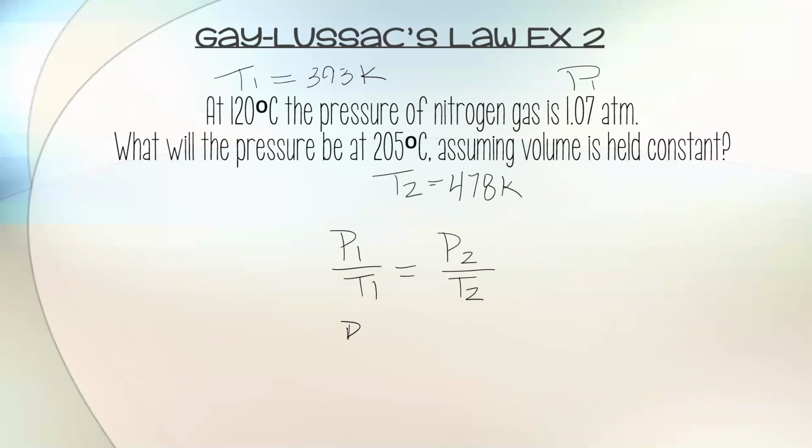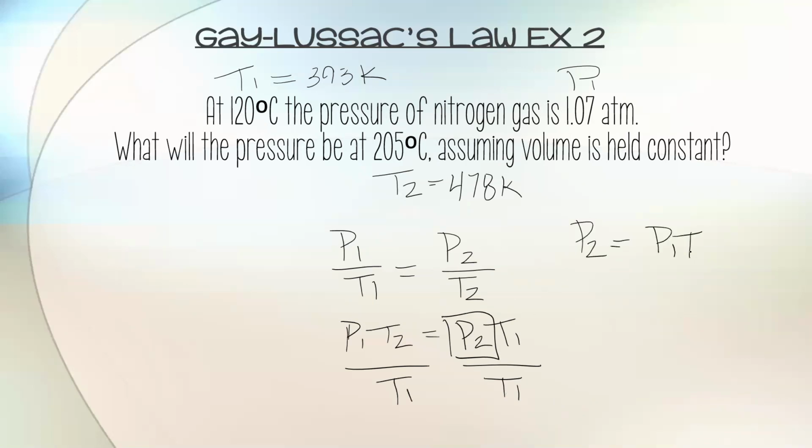Cross multiply if you want. You don't have to write both methods, whatever you're going to use. And once again, solving for P2, divide both sides by T1. So P2 equals P1 T2 over T1.